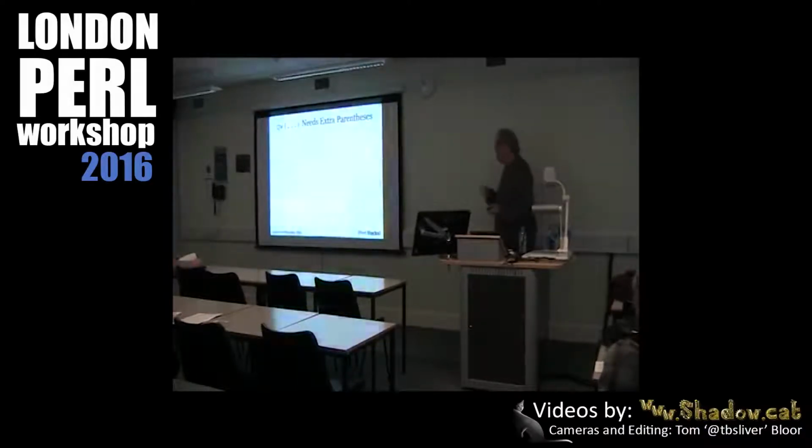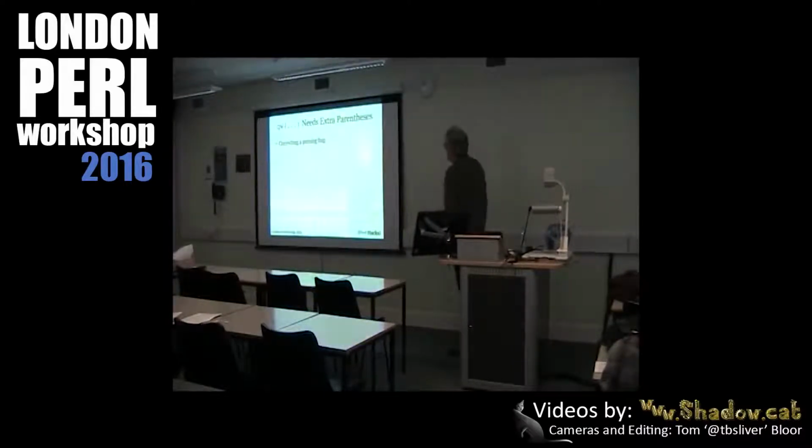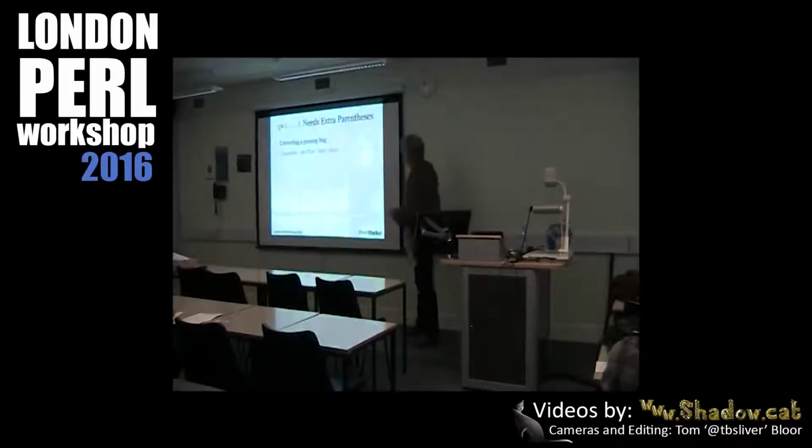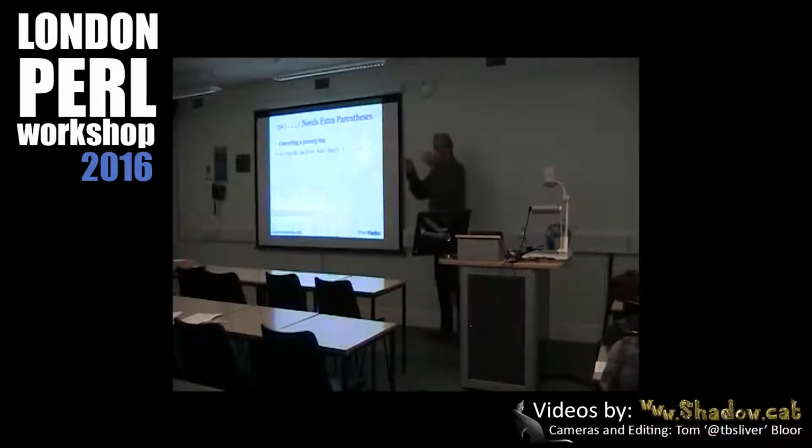qw. Oh, this is fixing a little parsing glitch in Perl. So up until Perl 5.18, you could write code like this: foreach qw foo bar baz. But actually, that's wrong, because the qw is an operator that creates a list, and then you need brackets around that in order for the foreach to work.